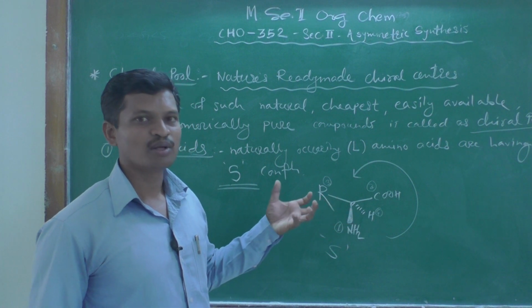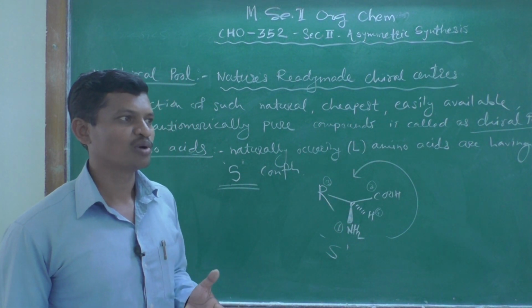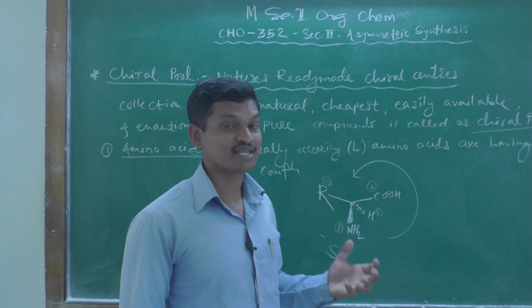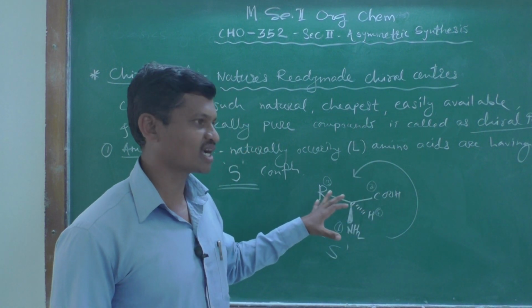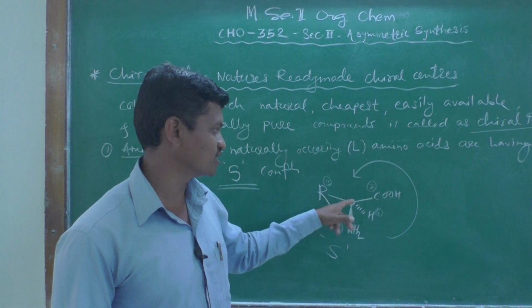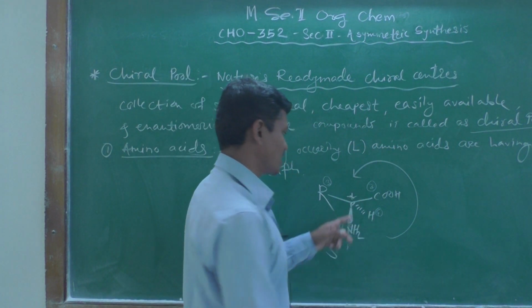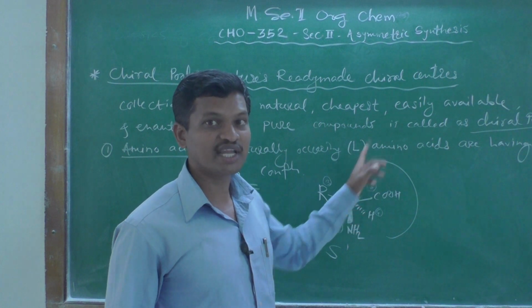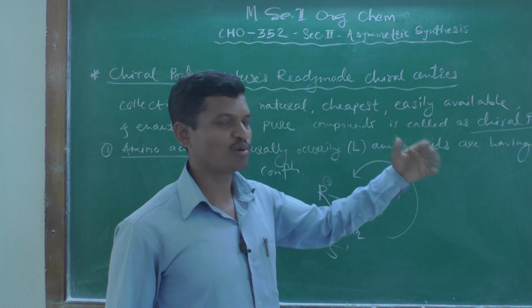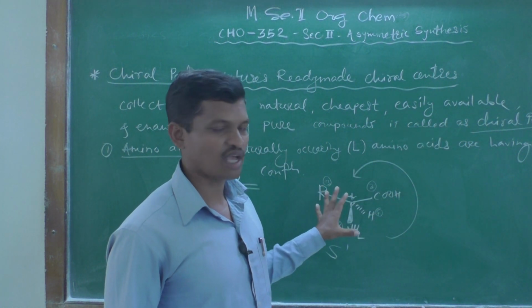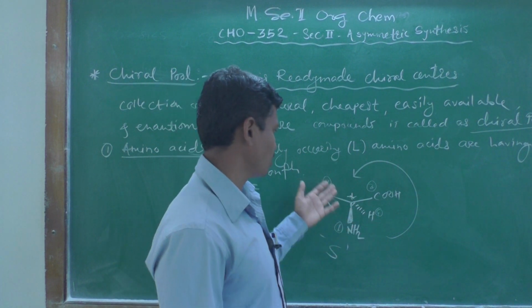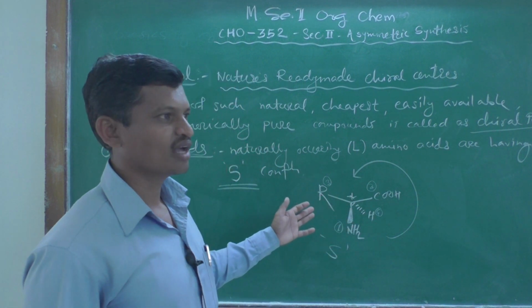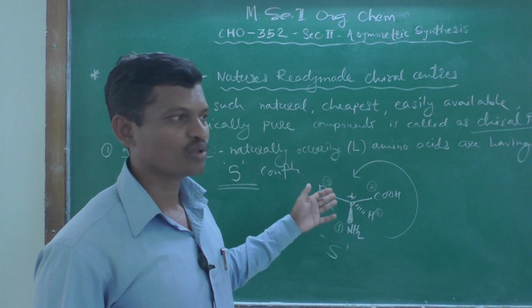So this is the major source of amino acids as a chiral pool. They are used as chiral starting centers. This carbon is a chiral center, an asymmetric carbon atom, so the stereochemistry is retained in the product formed from this amino acid. These may be an alkyl group, aryl group, or any side chain.